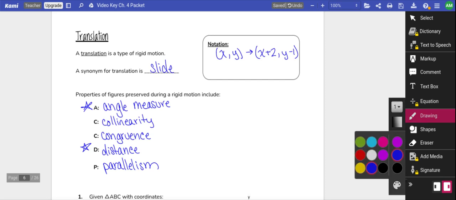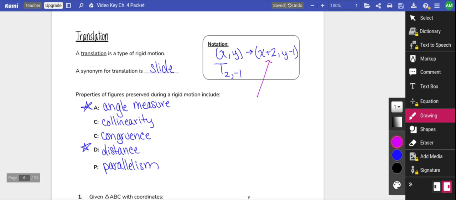Now, this is the same if I write it the second way, which is a capital T for translation. And instead of writing x comma y and then the yields, what we do is we write a capital T with a subscript, and we just write how it changes. So 2 comma negative 1. And again, this would mean the same thing.